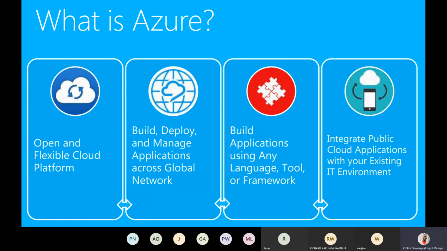Azure allows you to build, deploy, and manage applications across a global network of Azure data centers. It also allows you to build applications using any language, tool, or framework. So you can bring your own language onto the platform, and it allows you to integrate with other cloud applications that exist in your environment or your partner's environment.